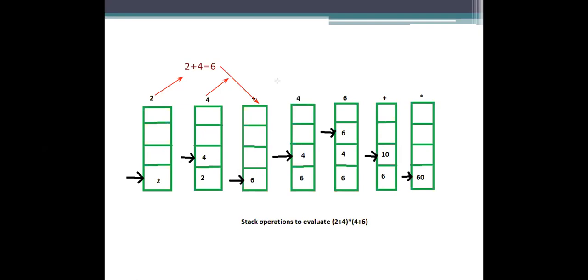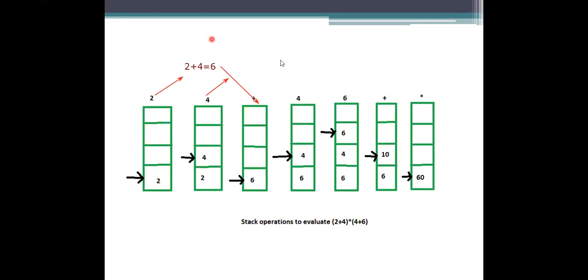Then go for the next reading. The next reading is an operand, and the next is also an operand. Then the third one it reads is an operator. It needs to perform the operation on the operands it read at first.